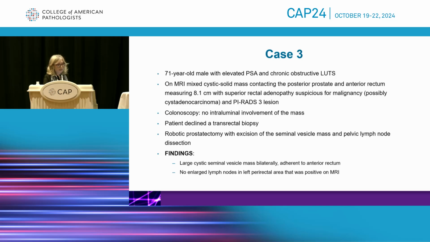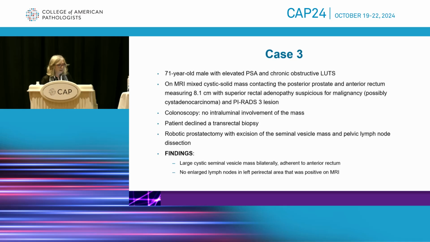On MRI, he had a mixed cystic and solid mass that was contacting, per radiology report, the posterior prostate and anterior rectum, measuring 8 centimeters, with superior rectal adenopathy suspicious for malignancy, possibly cystadenocarcinoma. On colonoscopy, there was no intraluminal involvement of the mass.